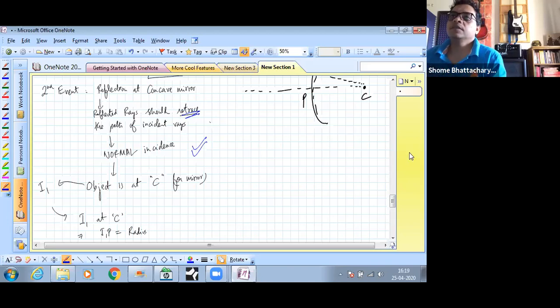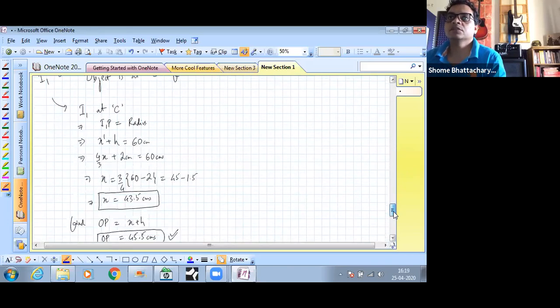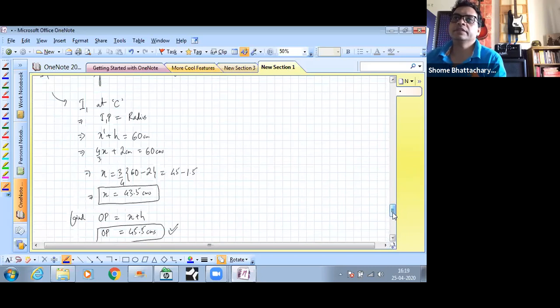Okay, so the calculation part for normal incidence is just that I1 should be at the center of curvature. So I1P should be equal to the radius.